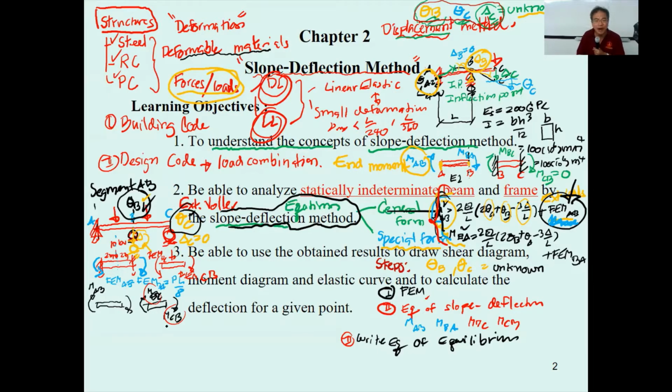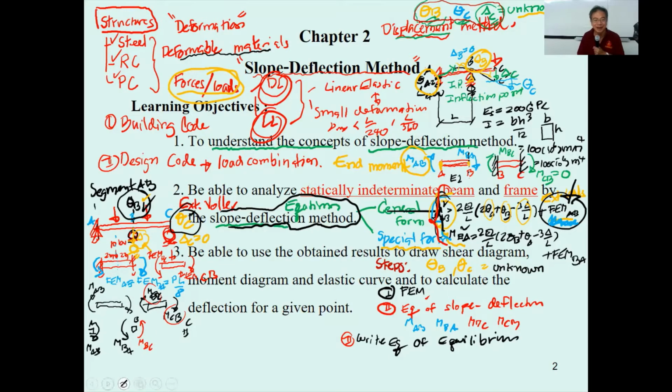Let me put it over here. That is going to be point A over here, this is going to be point B, and this is going to be point C. Then M sub AB is over here, and this is M sub AB based on Newton's third law. And then you will have this one as M sub BA, and this one for M sub BC.